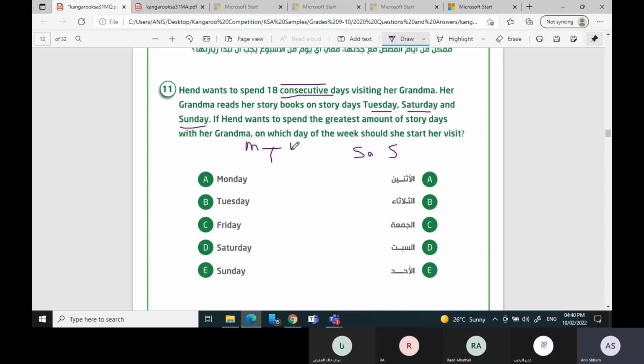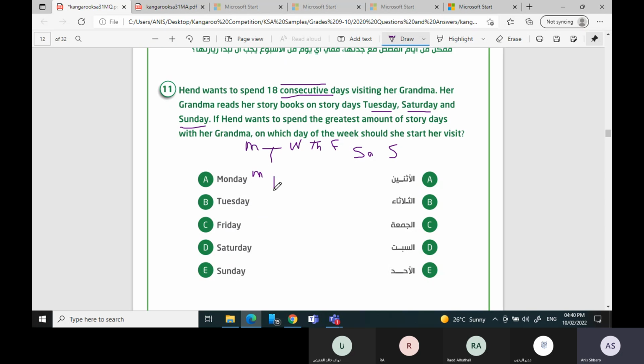Monday, Tuesday, Wednesday, W, Thursday, TH because T is for Tuesday, and Friday, the F, Saturday, Sunday. I have 18 consecutive days, so if she came on Monday, I'm going to write 1, 2, 3, 4, 5, 6, 7. So we're going to repeat the week to get 14.